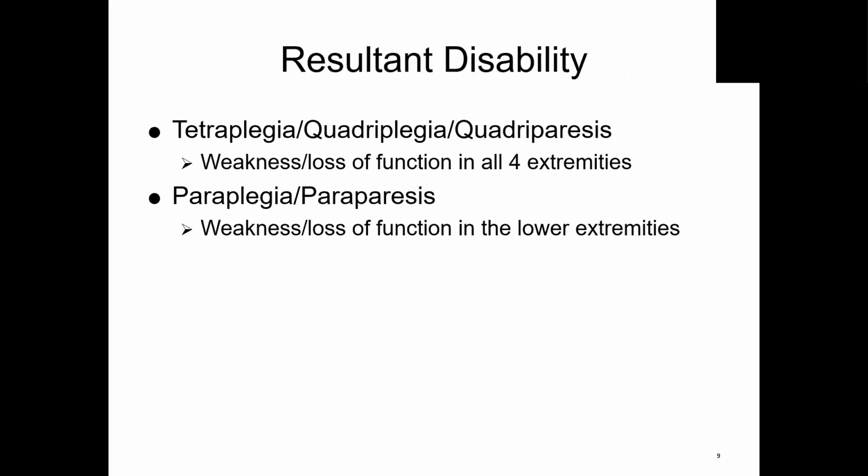So the disability that you're going to see from this is basically tetraplegia, quadriplegia, quadriparesis, and that basically means, is there a complete or total loss of partial or all of, or just a weakness of all four extremities, or if it's going to be a weakness and loss of function in just two, you know, lower extremities.